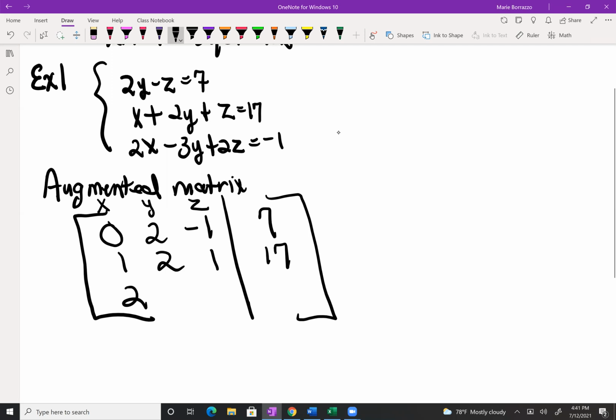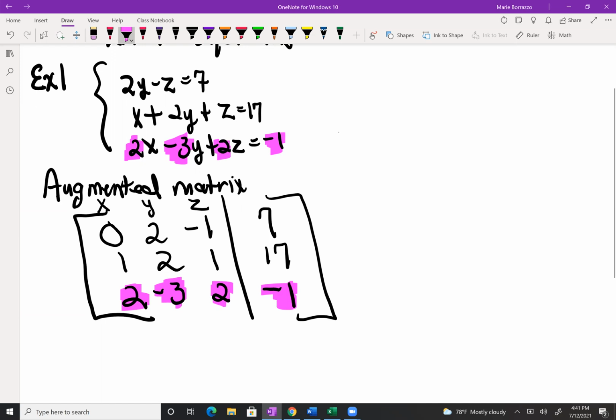On the third line, you have a 2, you have a -3 for the Y, a +2 for the Z, and a -1 for the answer. Easy? Yeah, it's just looking at the constants, right? So I'm going to highlight this row just for the sake of reminding you. That's all you're doing, basically. Easy enough?